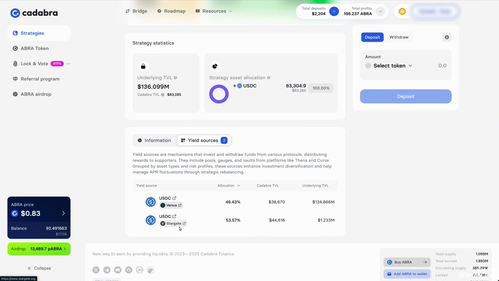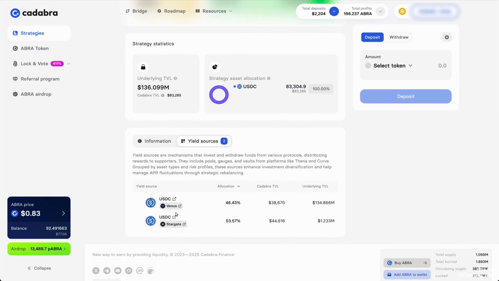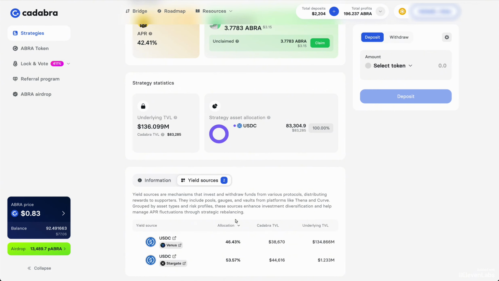Basically, these are market leaders, reliable protocols on the BSC chain. And why does the liquidity go there? Because these protocols provide yields, meaning they offer some rewards in the form of their own tokens or some other tokens, for the fact that the liquidity is there.